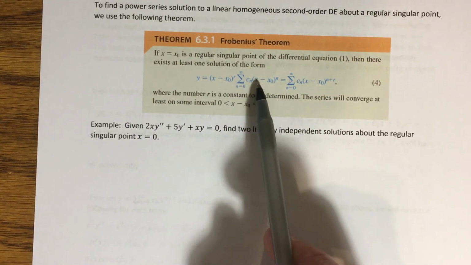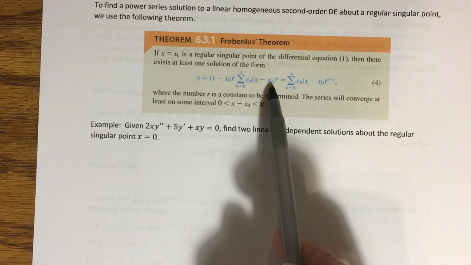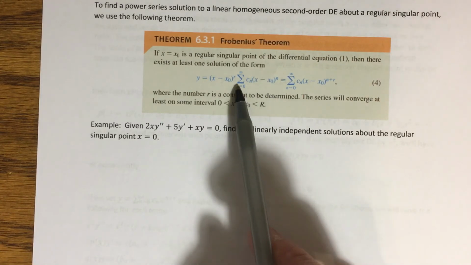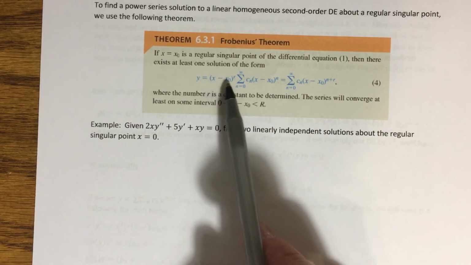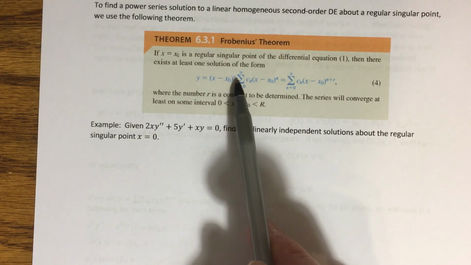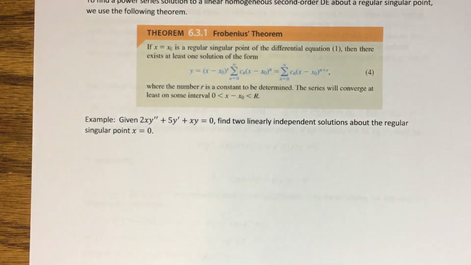It's a power series about x, or in x minus x naught, that singular point that we're referencing. But then we're taking that power series and multiplying it by another factor of x minus x naught raised to some unknown power.